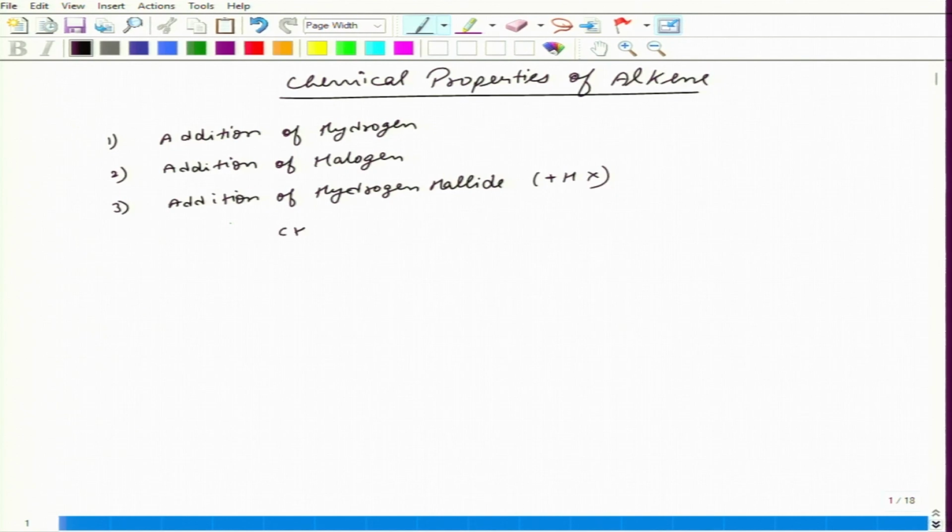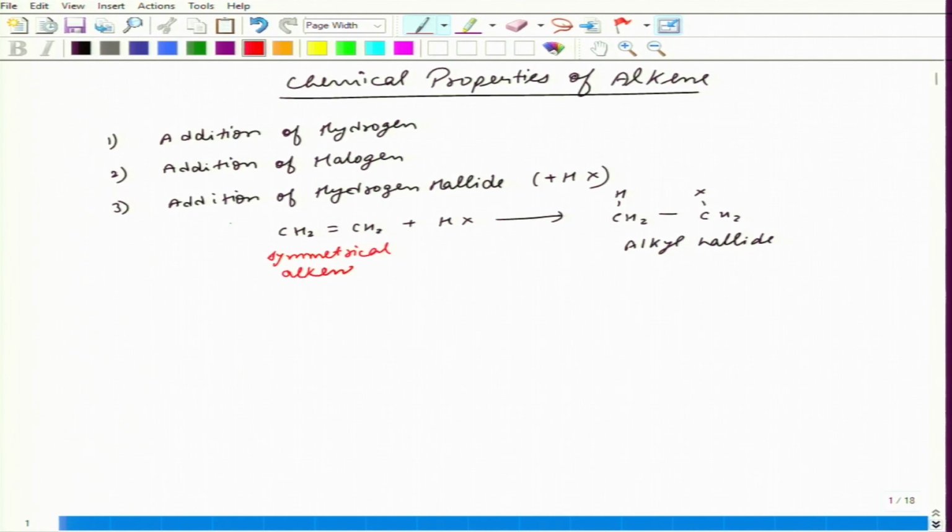What we have discussed till now is that addition of a hydrogen halide to an alkene will form an alkyl halide. As this alkene is a symmetrical alkene, it does not matter on which carbon the hydrogen goes and on which carbon the halide attaches.